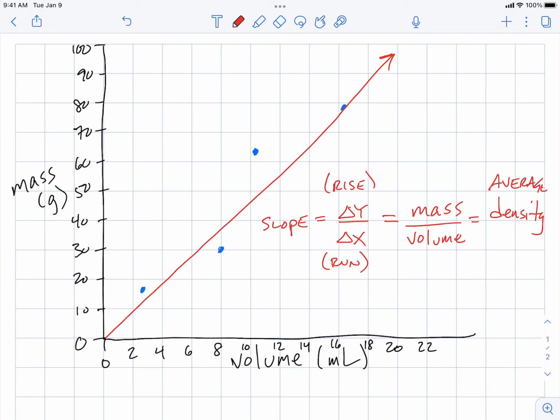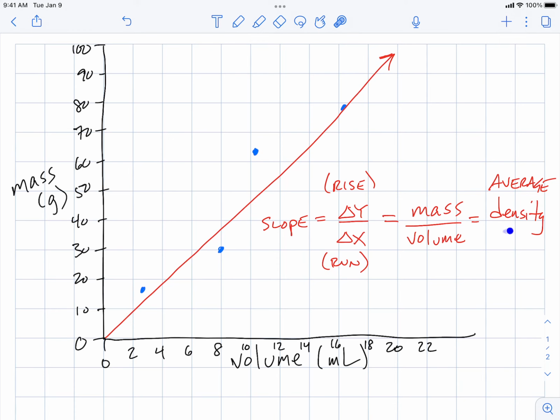So that line of best fit that we have, in between our values, if we did a decent job of doing a line of best fit in between our data points, we would be coming up with the average density.